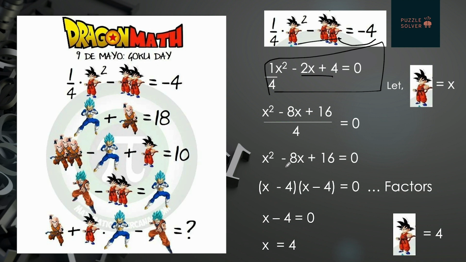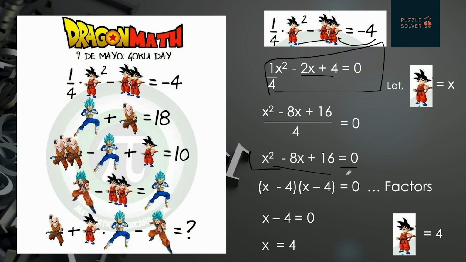Into 4, that is equal to 0, because any number multiplied with 0 gives the answer as 0. So the equation becomes x square minus 8x plus 16 is equal to 0. Now this is our quadratic equation. For a quadratic equation we need to find the factors of the equation.